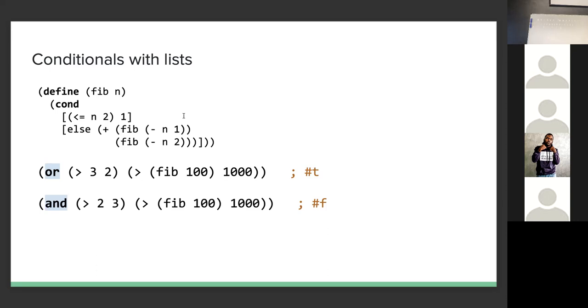They do not compute their arguments before applying. They compute the first one, and if it is true, you can short circuit and return true. If it's false, then you go to the second one, and then the third one, however many arguments you have. So or and and are not functions, they are in fact special forms. This is important.